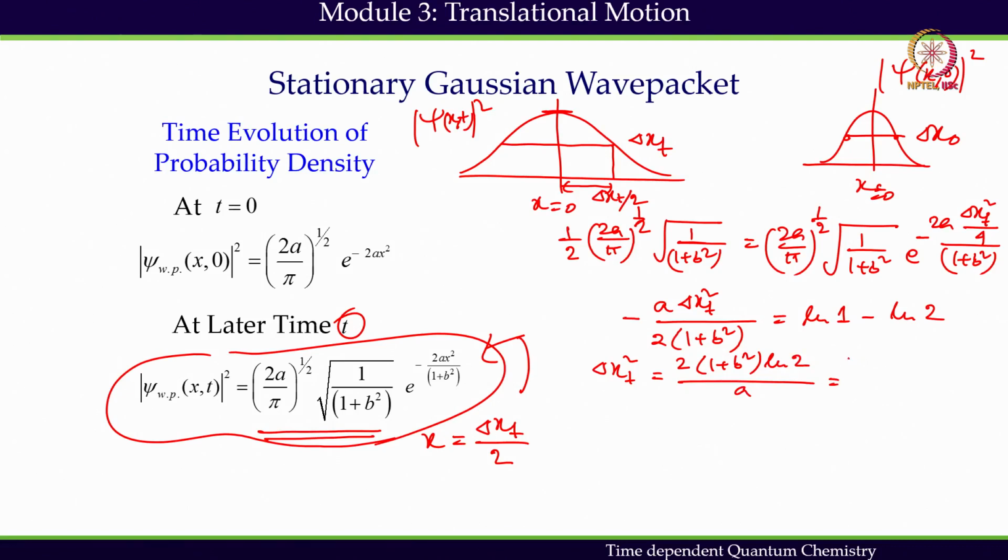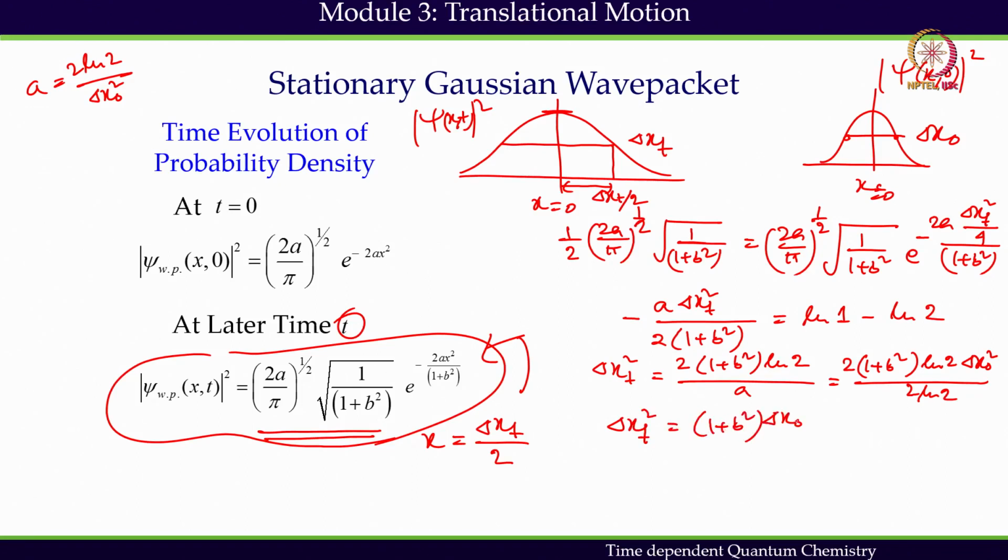We know a has certain value, we have already got this, a equals 2 ln 2 by delta x naught square. So, we can plug that in and we get finally 2 into 1 plus b square ln 2 delta x naught square divided by 2 ln 2, or delta x t whole square equals 1 plus b square delta x naught square.